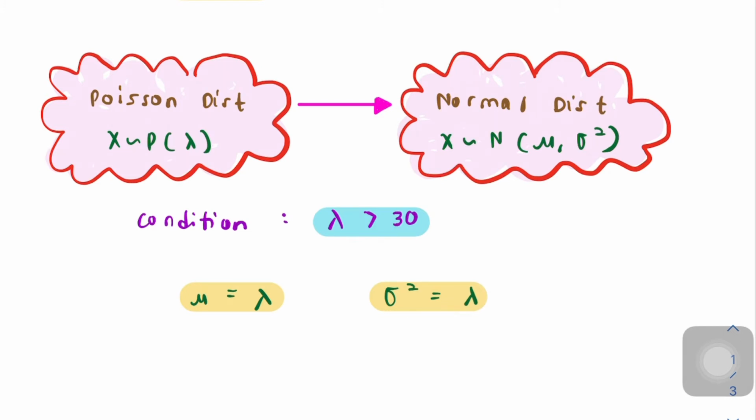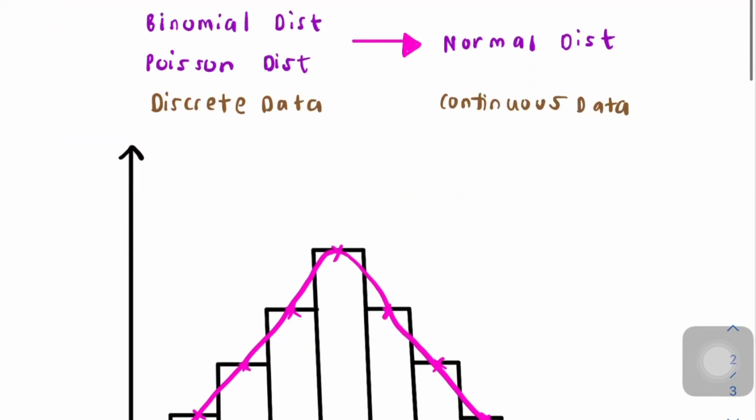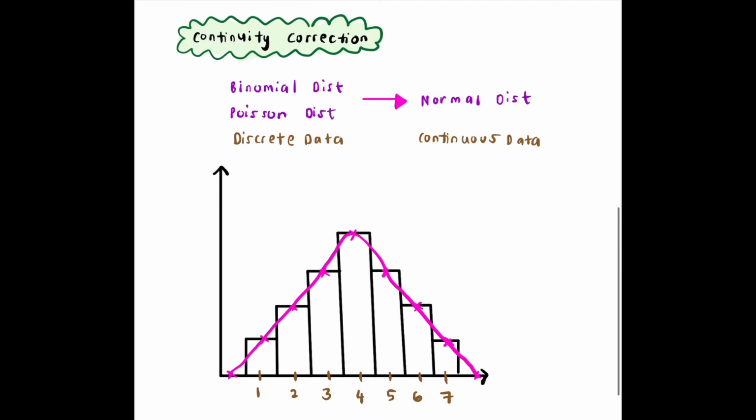Okay, one more thing that you have to consider is that binomial and Poisson are about discrete random variables or discrete data, but normal is about continuous data. So you have to do something when you want to approximate from discrete data towards continuous data. That one we call the continuity correction.